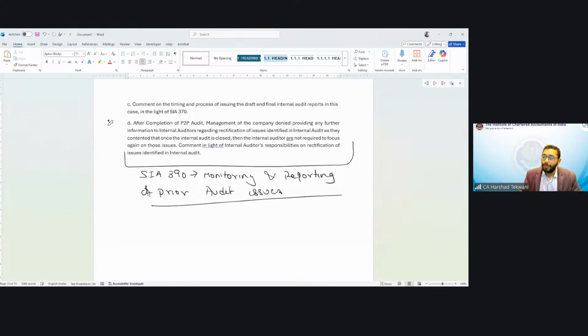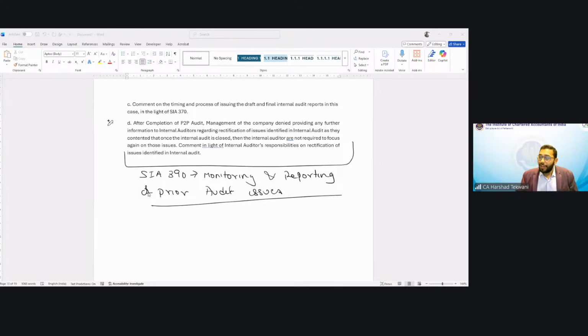Now, what is the responsibility of the internal auditor with respect to the prior audit issues? He has to follow up closely and continuously for monitoring the closure of the prior audit issues. Like, as you said, when the management agrees on the action plan, we need to follow up on that action plan, whether you have implemented it or not, through a formal monitoring process which is pre-agreed with the management and shared with those charged with governance.